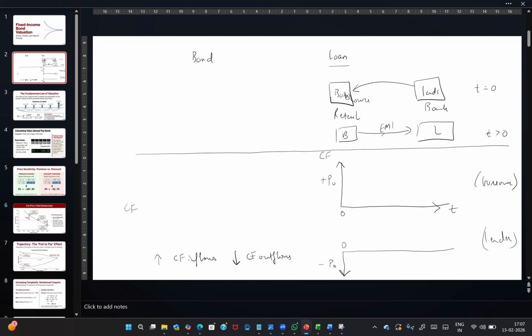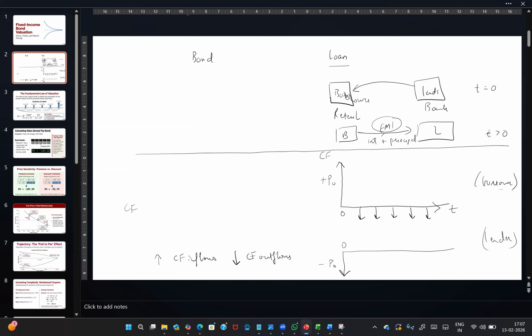These EMIs consist of both interest payments as well as principal repayments. That's how typically a bank loan is structured. This is a cash flow from the borrower to the lender, so it's a cash outflow for the borrower. When I draw the borrower's cash flow diagram, these are the arrows.